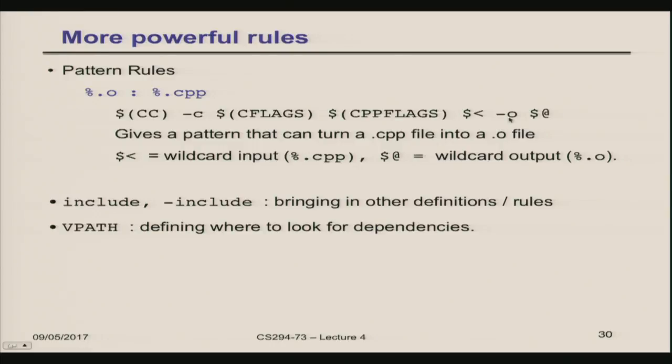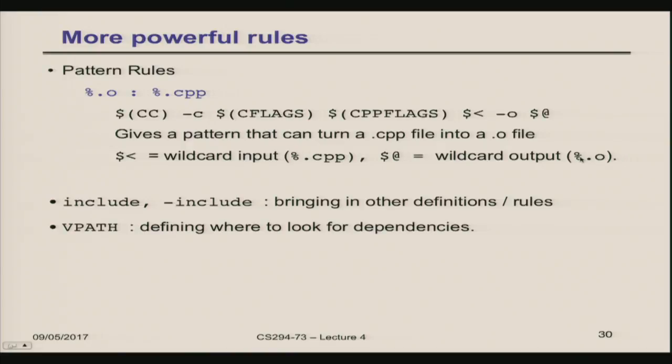And then it's doing -o output. $@ is the thing you're building. You'll see in a moment how this works. Every occurrence of this pair .cpp and .o, it will run the compiler on and build a .o file. So this is so-called wildcard input, %.cpp, and $@ is the wildcard output, %.o.